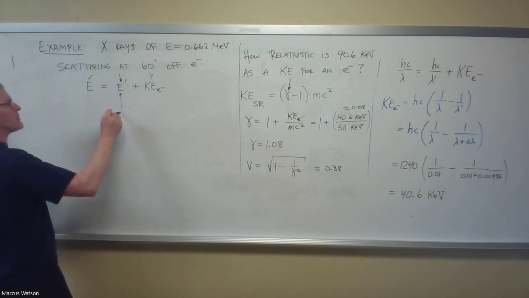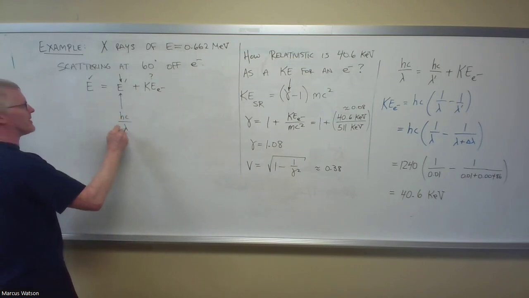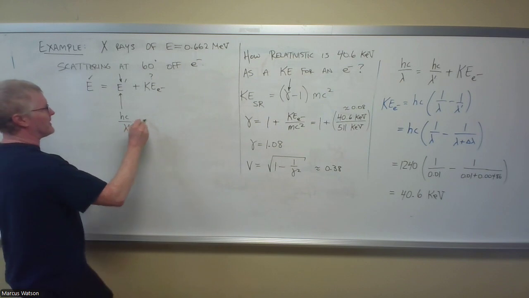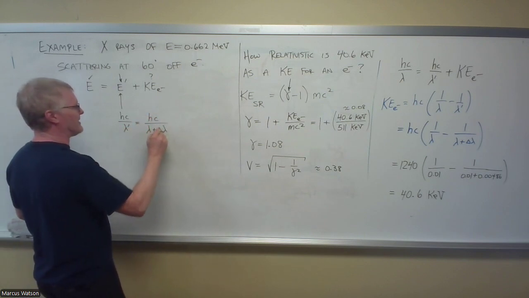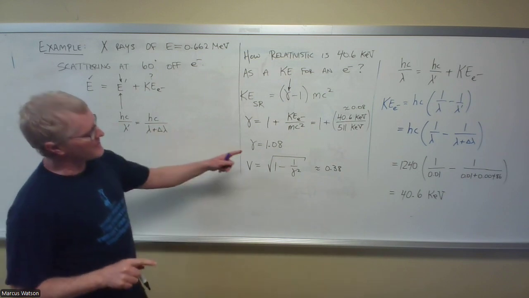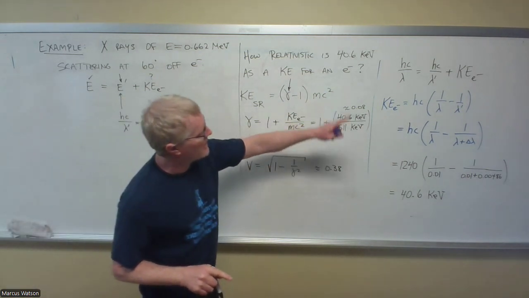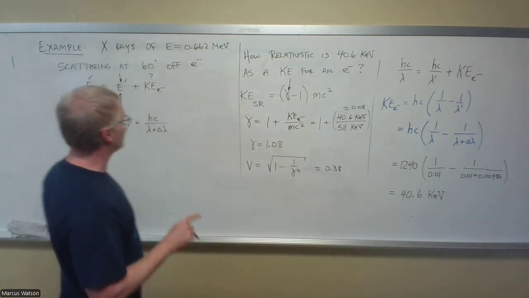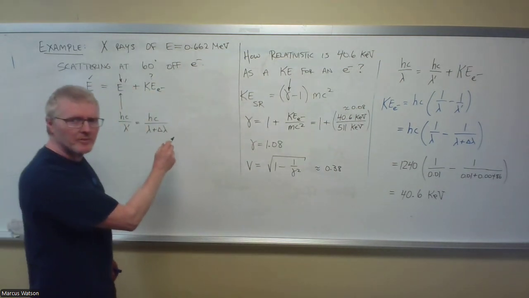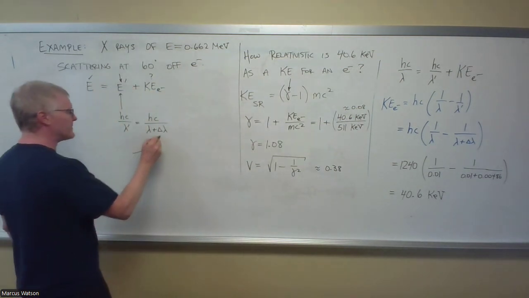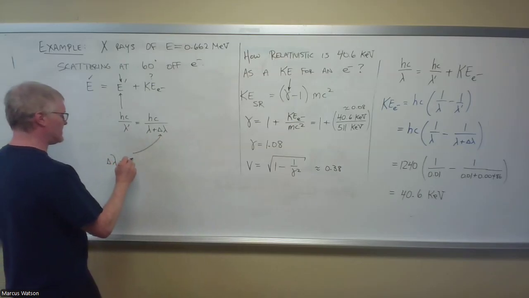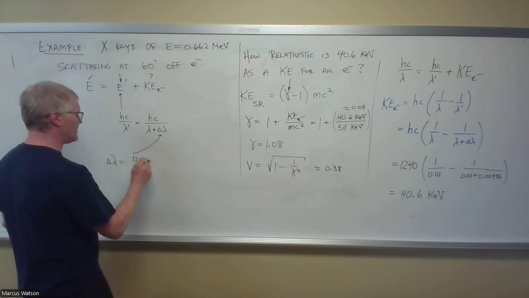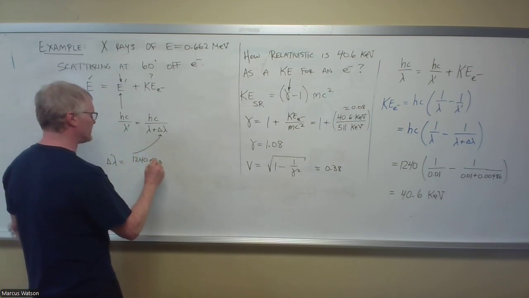So this thing here, which is hc divided by lambda prime, is hc divided by lambda plus delta lambda. And that delta lambda is given by, I erased it, it's not here anymore, but that's given by the Compton shift formula. So this thing here is, once again, 1240 eV nanometers.